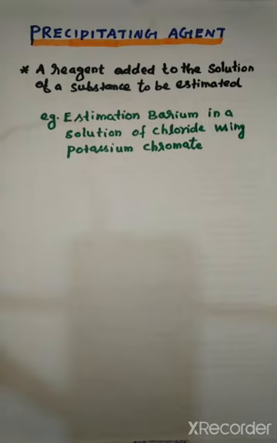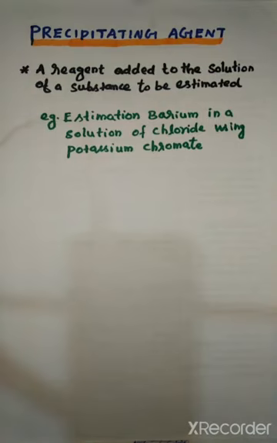Now in this class we are going to discuss the precipitating agent. What is a precipitating agent? It is a reagent added to the solution of a substance to be estimated.